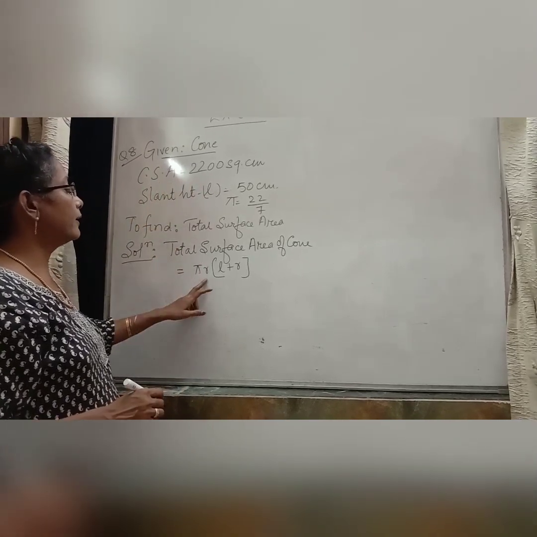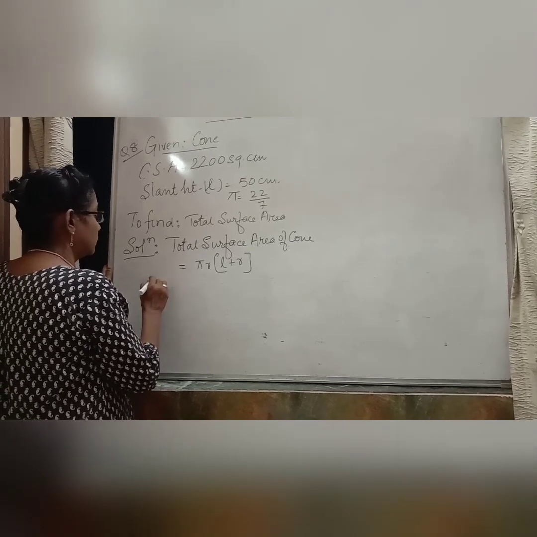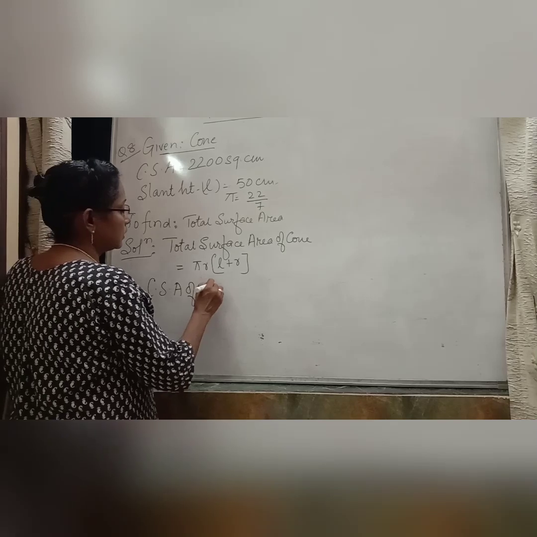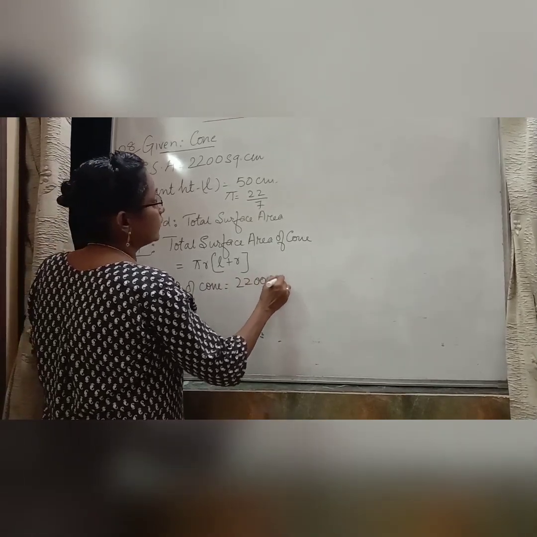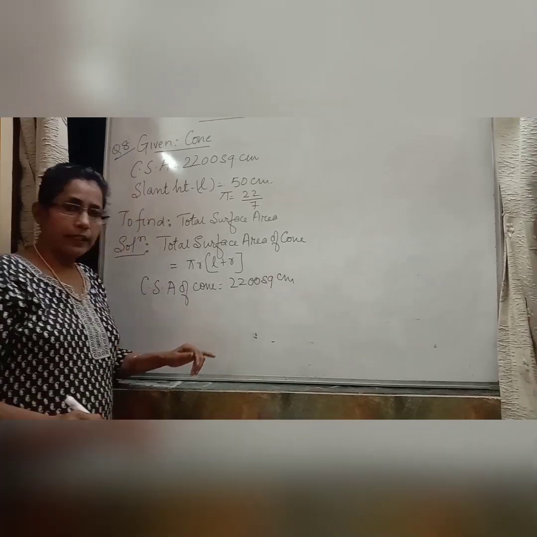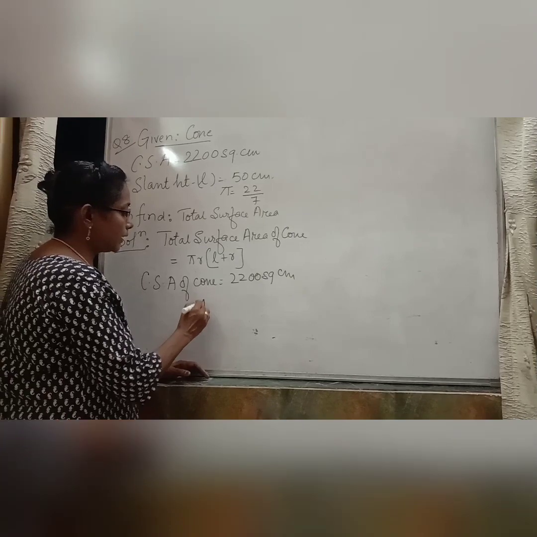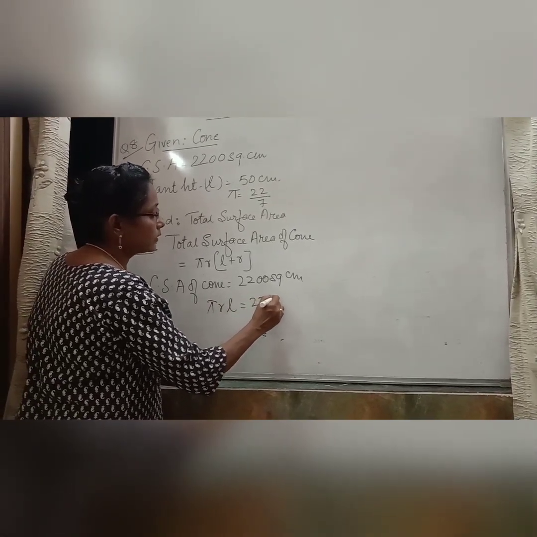So we will derive r from curved surface area. Curved surface area of cone is equal to 2200 square centimeter. And now we will put the formula of curved surface area, that is pi r L is equal to 2200.